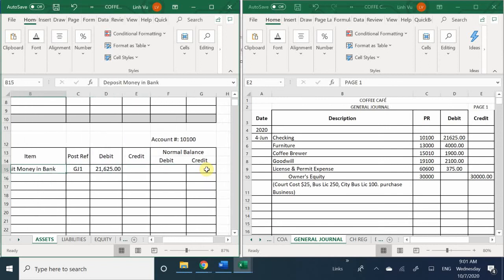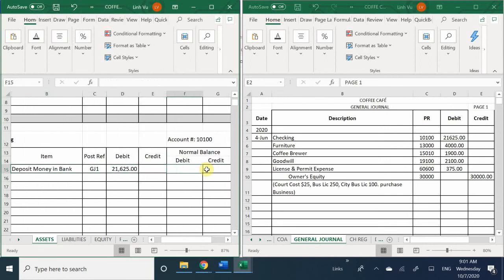Of course, when we start off our normal balance, I'll show you what the formula is when we go on to the second one. But just by looking at this piece of information, if I increased my account by 21,625, what is going to be my balance right now? Same amount, exactly, because we just opened up our bank. So if I just had 0 in there, and I just established that I'm going to debit my account with the 21,625, then it's going to be the exact same.